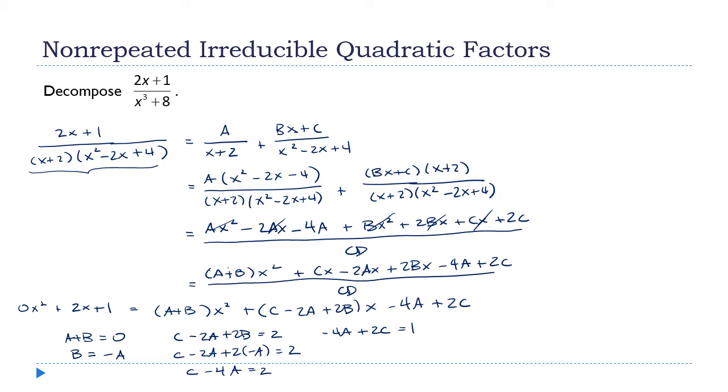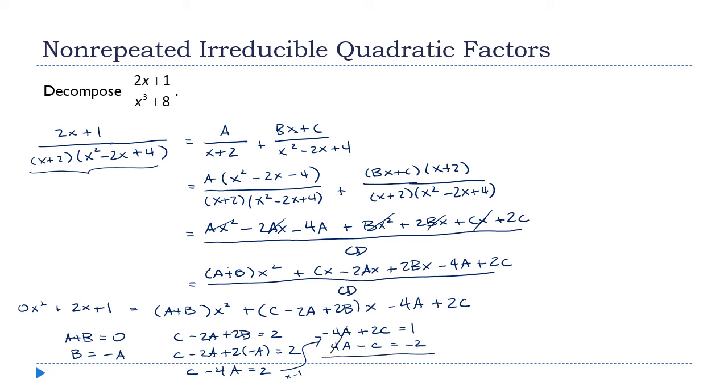Okay, this is actually coming out nice. Let's do elimination. All right, I'm going to multiply this equation by minus 1. It'll become 4A minus C equals minus 2. Add these together.